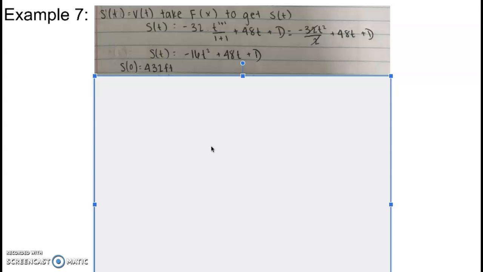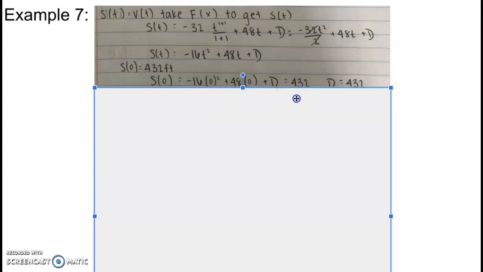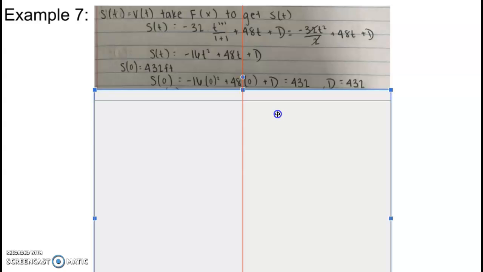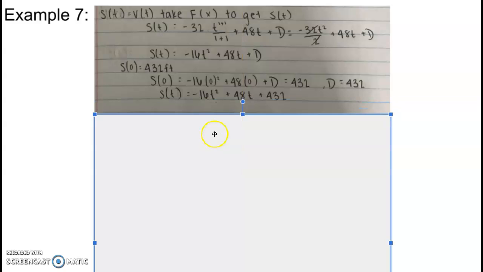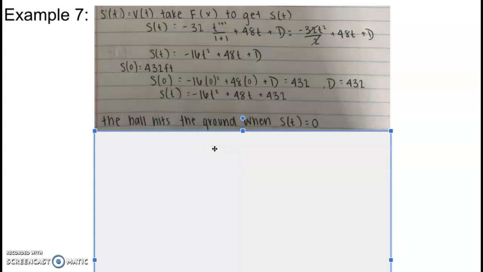So without even plugging in, even though we can, we know that d will equal 432, which gives us our full equation for s of t, which is s of t equals negative 16t squared plus 48t plus 432. This equation is good until the ball hits the ground when s of t equals 0.